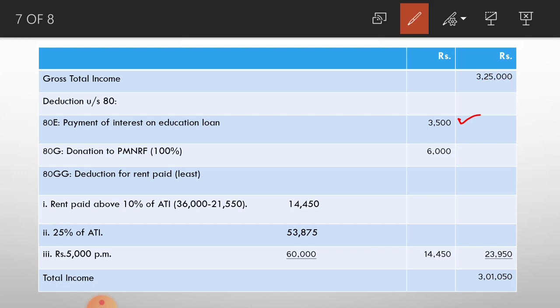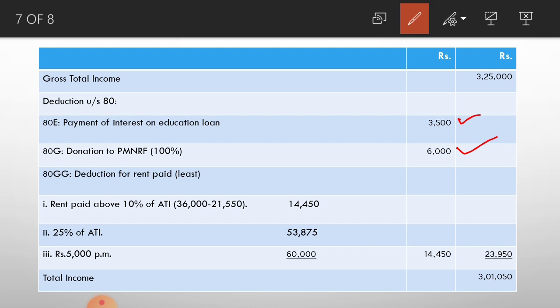Here donation to Prime Minister's National Relief Fund, 100% deduction can be allowable, 6,000 rupees. Next you have to calculate deduction under section 80GG, deduction for house rent. Least of the following is the deduction which is allowable under section 80GG.